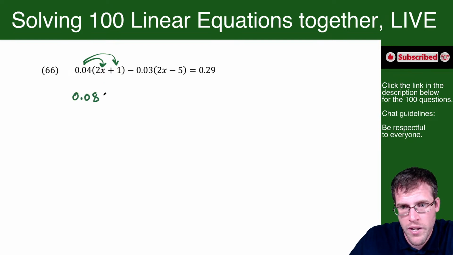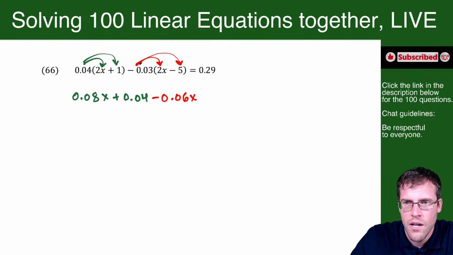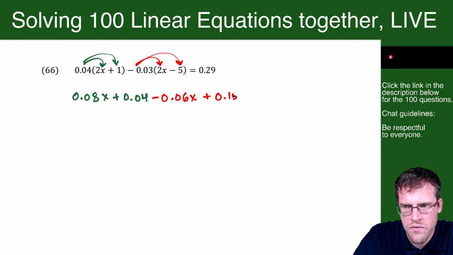So I have 0.08x plus, and I do 0.04 times 1 is 0.04. And now here I'm distributing the -0.03. So if I do times 2, that's going to give me 0.06, and I just tack on the x. And then minus times minus is plus. And I have 0.03 times 5 is 0.15.